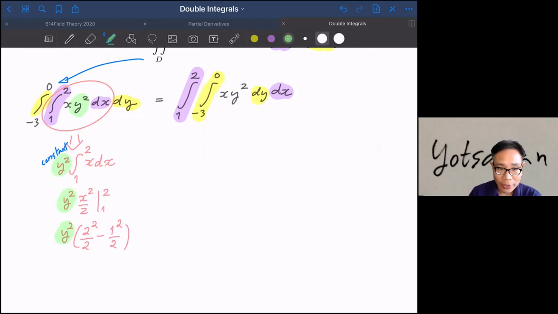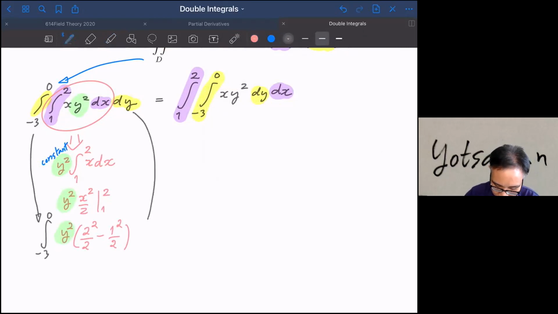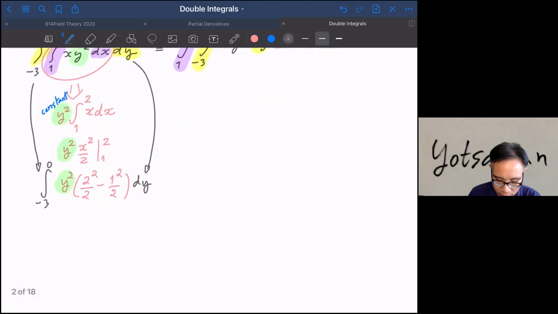For the pink one, we continue pulling down the integral from -3 to 0 with dy, and you pull y squared down. Combining these, 2 minus 1 half becomes 3 half.